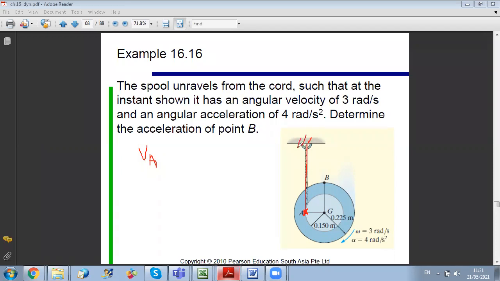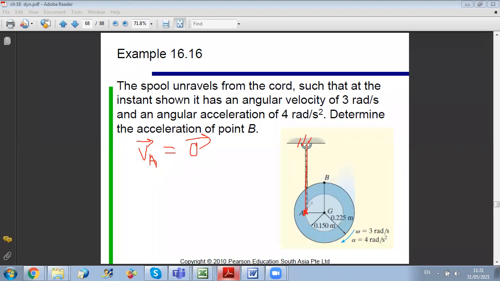So the points of the cord have 0 velocity. And since we have rolling without slipping, we can say that VA is 0. But we cannot say that AA is 0. Please pay attention, because what is common is the velocity and the tangential acceleration, but not the normal one.